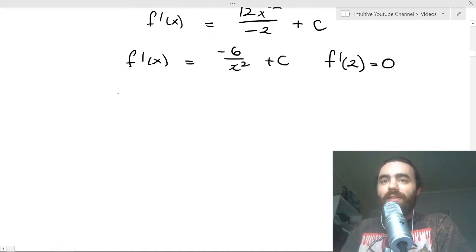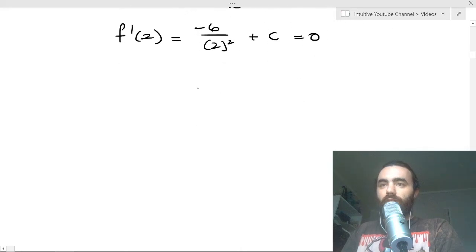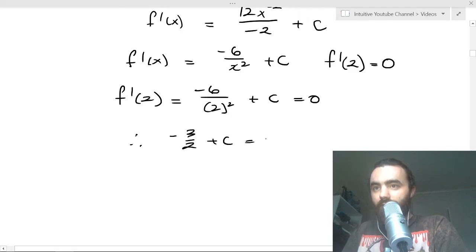So that means that we can plug this in. So f prime of 2 equals minus 6 over 2 squared plus c, which equals 0. So from this we can then find our c. Therefore, this will become minus 3 over 2 plus c equals 0.